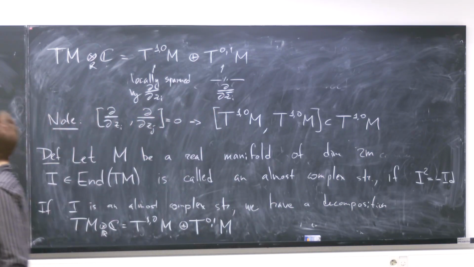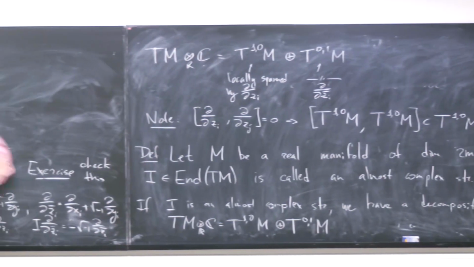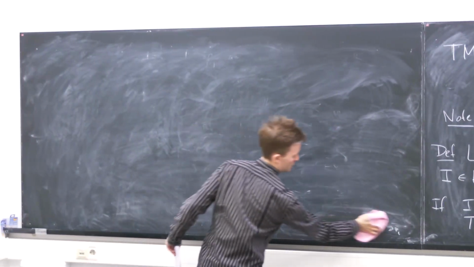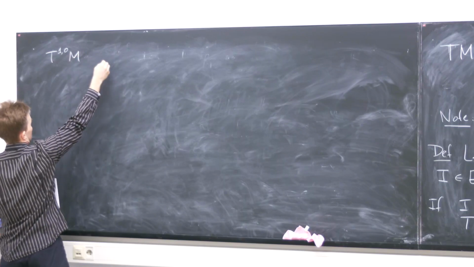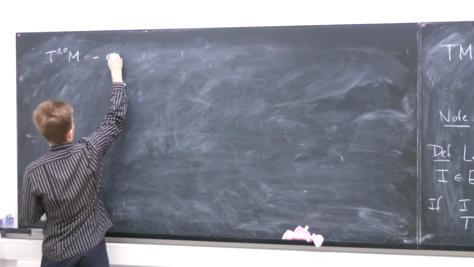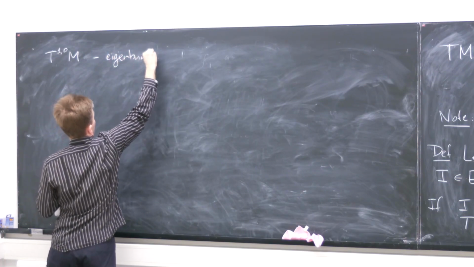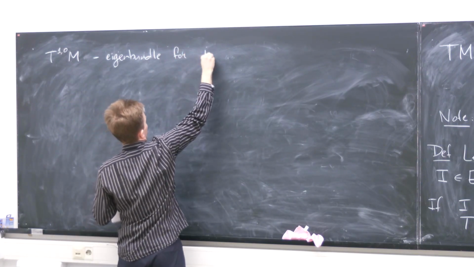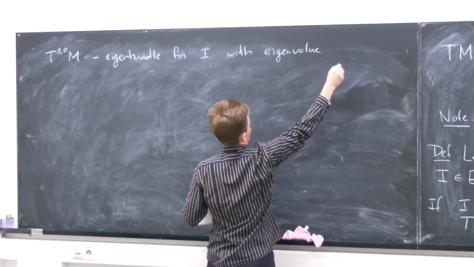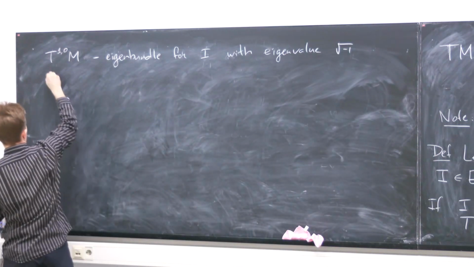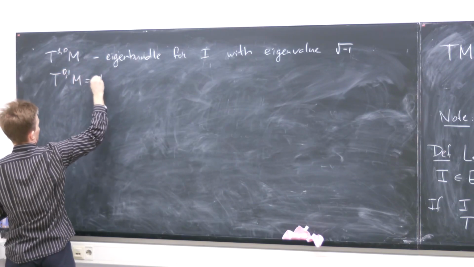So T10 M is the eigenbundle for I with eigenvalue square root of minus 1, and the other one is the complex conjugate.